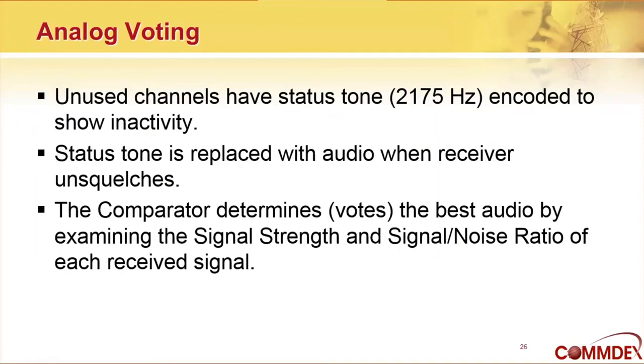So when audio comes in on one of the receivers, that tone goes away and is replaced with the audio. And in the analog world, the comparator will then vote the signal or select the best audio by looking at both the signal strength of the signal and the signal to noise ratio. So there may be 3 or 4 signals coming in, but it will select the one that sounds the best in accordance with the signal to noise ratio.